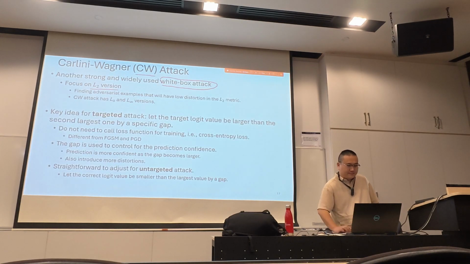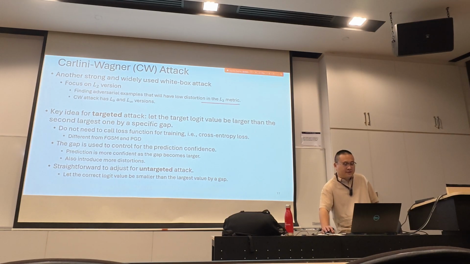CW attack has different versions for different Lp norms, and here we only focus on the L2 norm version. The L2 version finds samples that have low distortion in terms of the L2 norm. For the other versions, like L0 or L infinity, the implementations are different. In this subject, we only use the L2 norm.